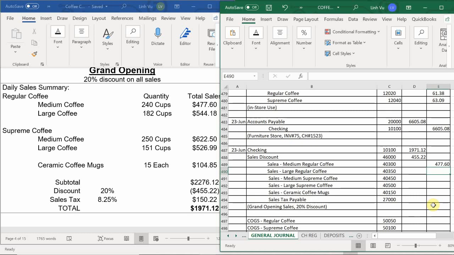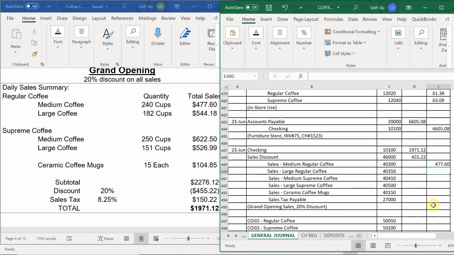What about the sales medium? I sales large regular coffee. What are you at?